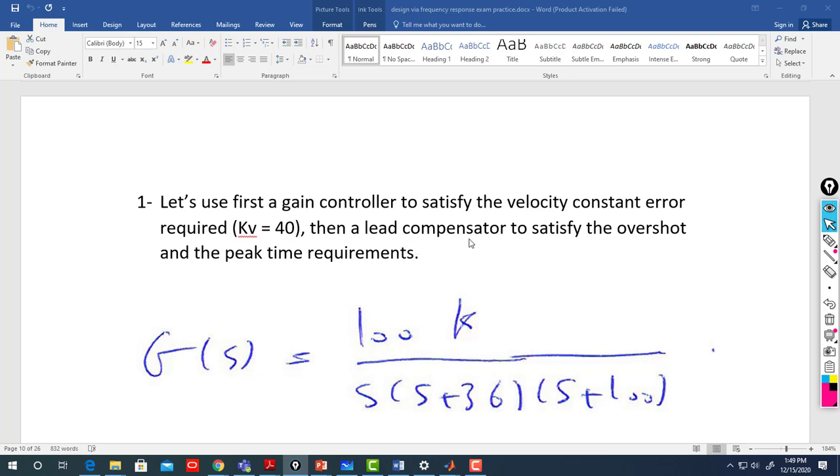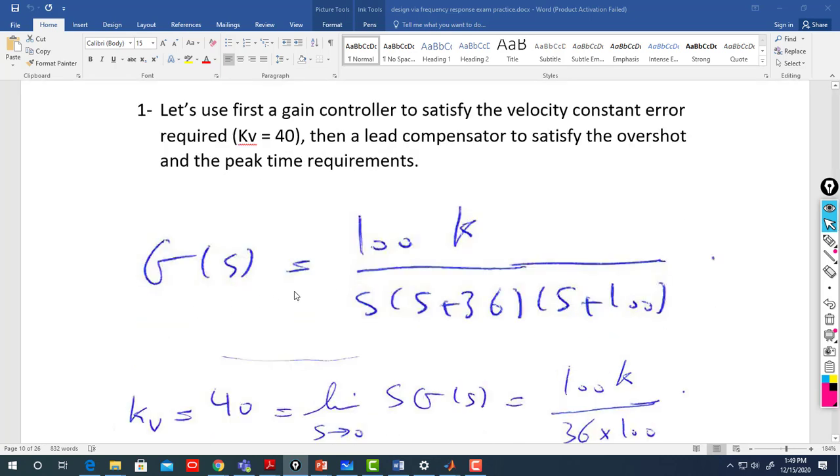Then a lead compensator to satisfy the overshoot and the peak time required. So let us first use a gain controller to satisfy the velocity error constant, then a lead compensator to satisfy the overshoot and the peak time requirements.